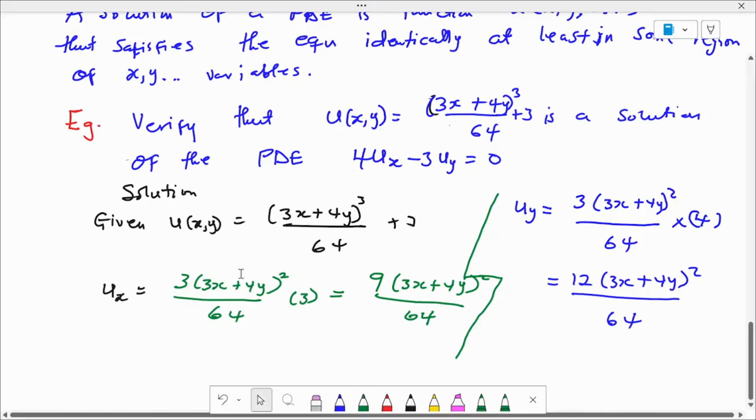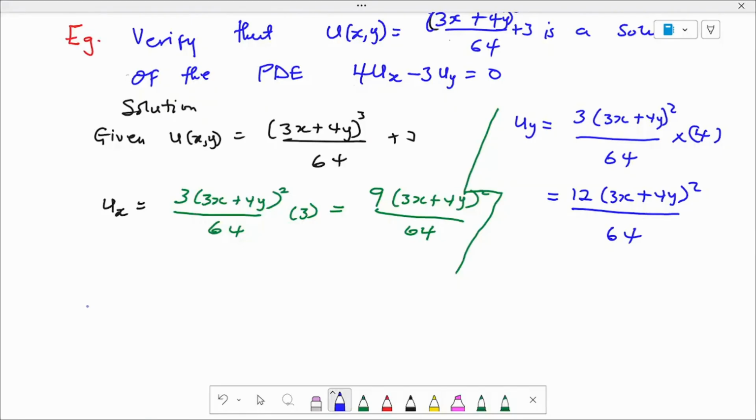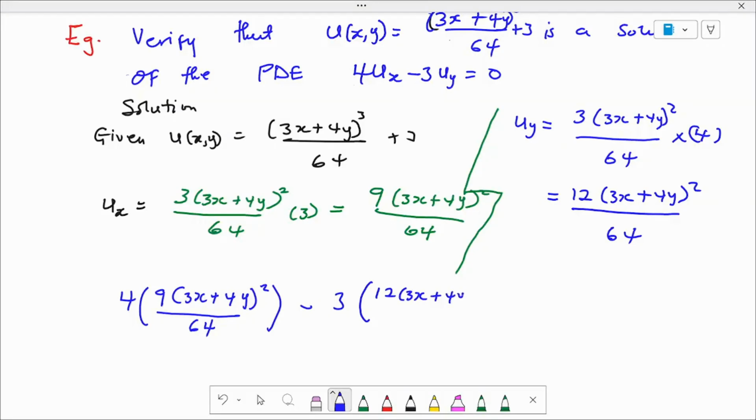Now I substitute these values back into the differential equation, so I have 4 times u_x, which is 9(3x plus 4y) squared over 64, minus 3 times u_y, which is 12(3x plus 4y) squared over 64.